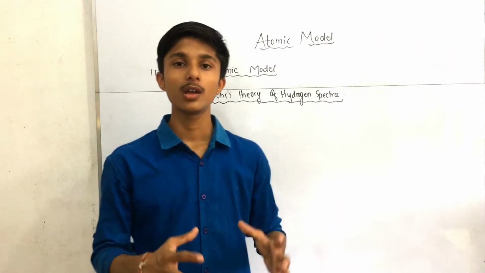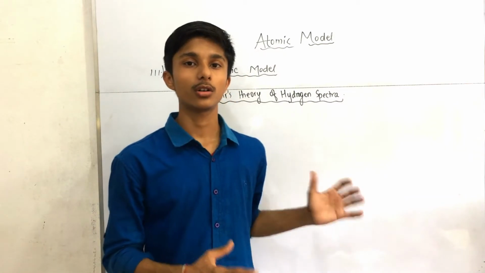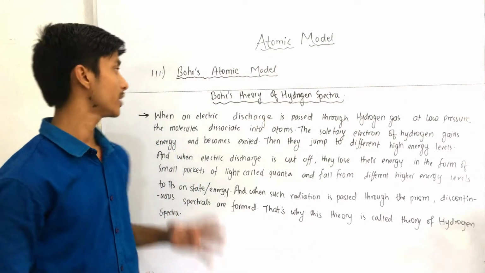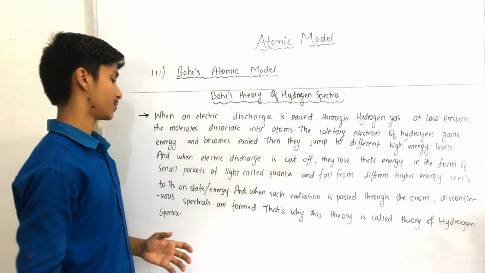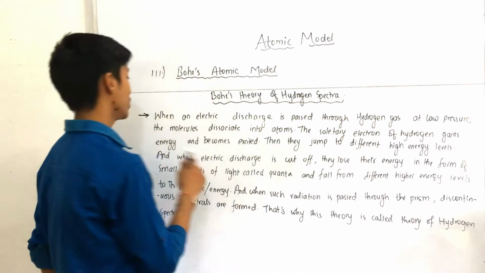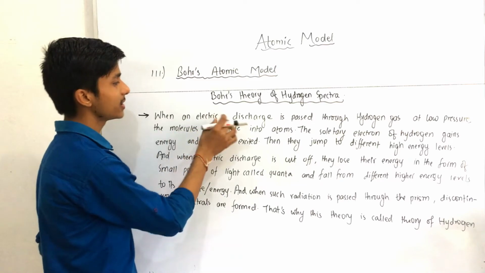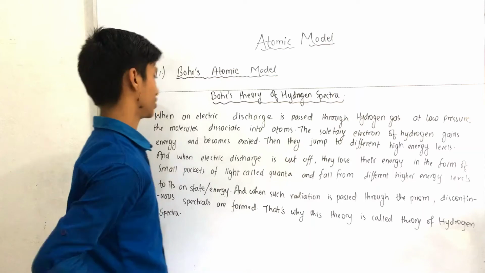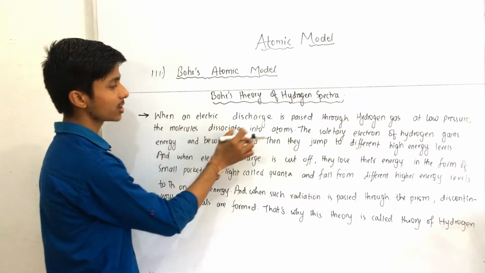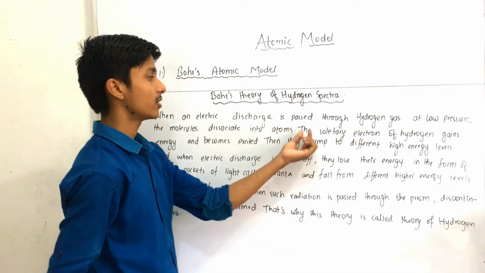And now I am going to write this theory on the board. Here you can see the explanation of Bohr's theory of hydrogen spectra. When an electric discharge is passed through hydrogen gas at low temperature, the molecules dissociate into atoms.